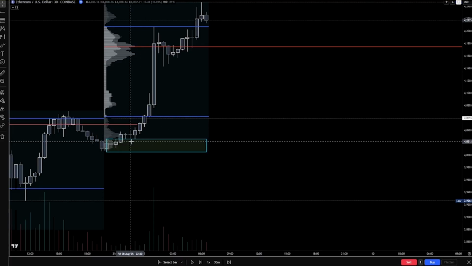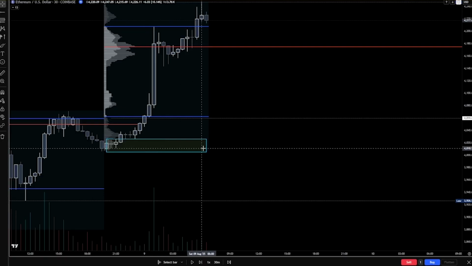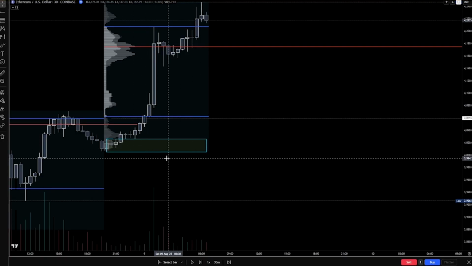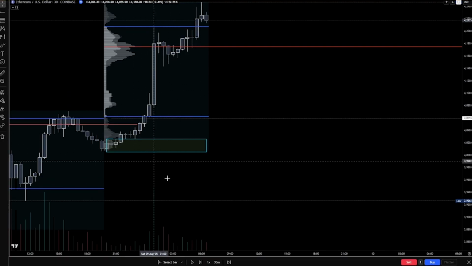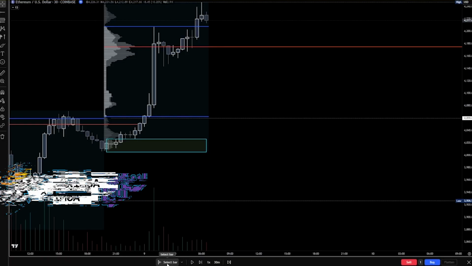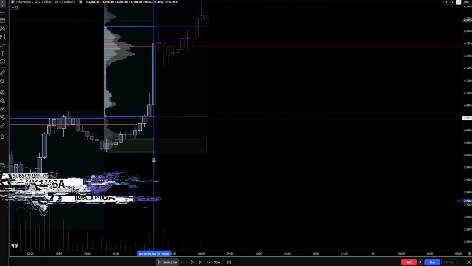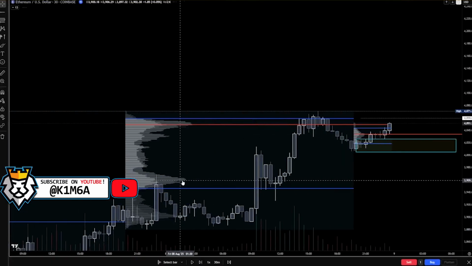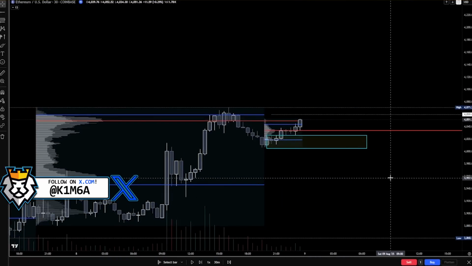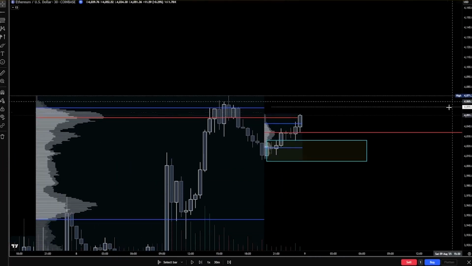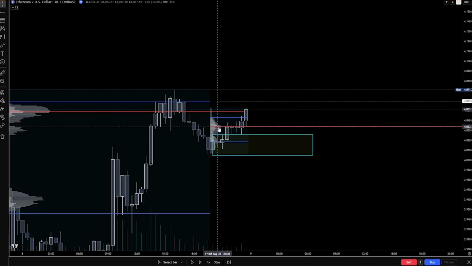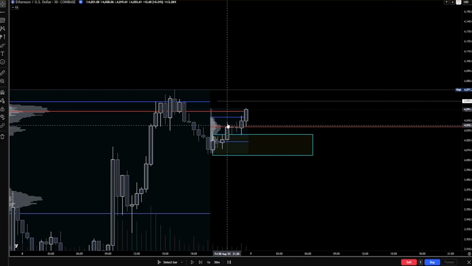Initial balance. We haven't formed much volume history yet. You're seeing the profile expand as the day goes on. But at that point in time, right here, you have way less to refer to. You have the previous day levels and this small profile, and we haven't had much volume transact.